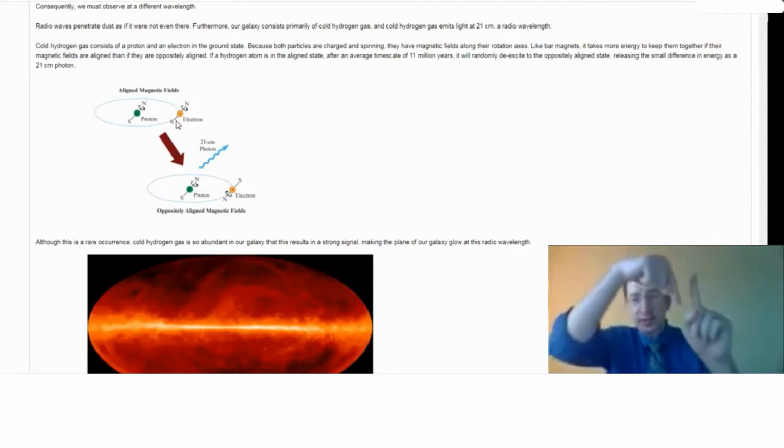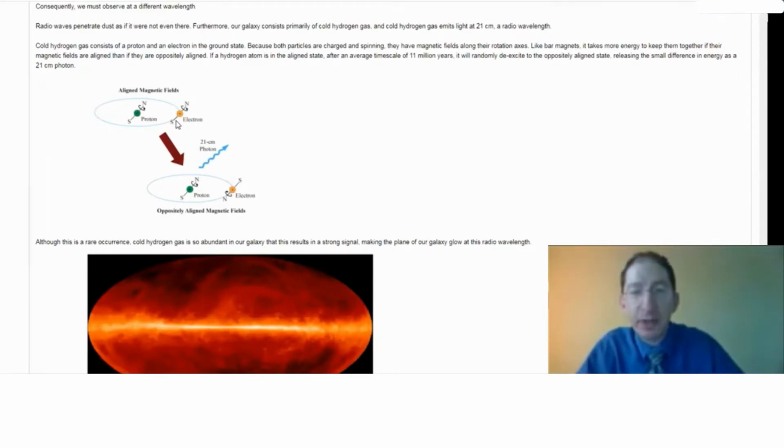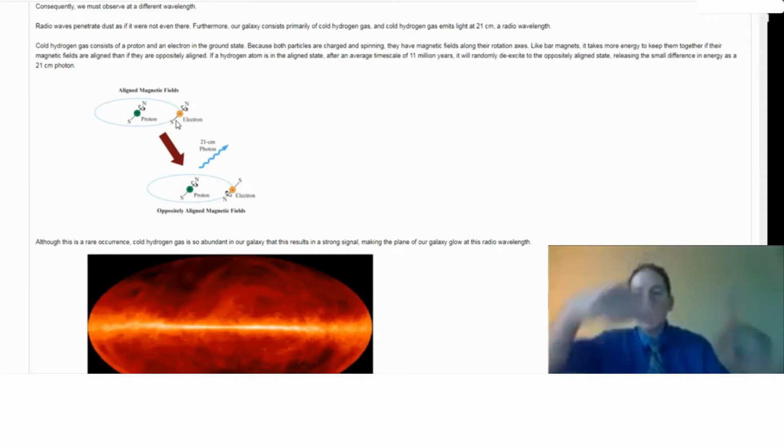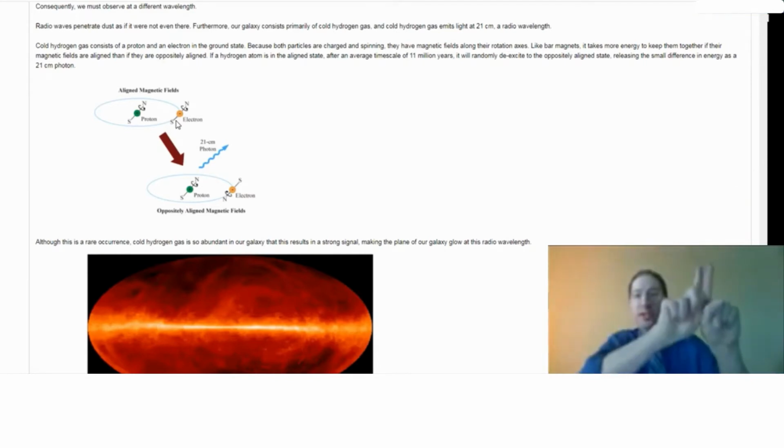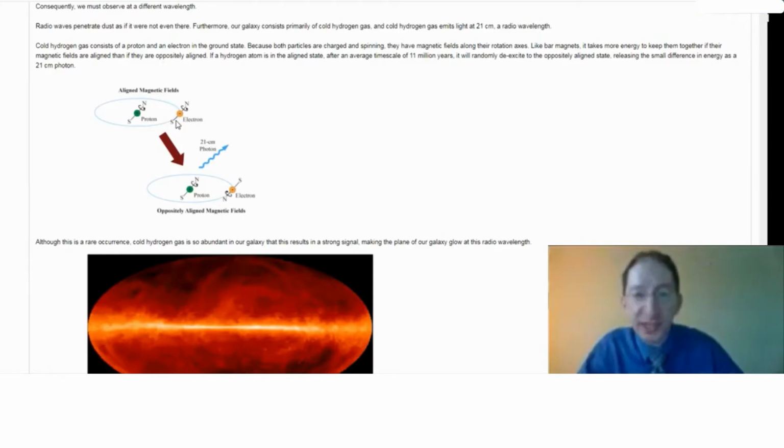Consider an atom in the lower energy state, a simple hydrogen atom floating in a cloud of gas. Occasionally, it will get jostled. Another atom will bump into it and transfer some of that energy of motion, some of that energy from the collision to the electron, and the electron will transition into the higher energy state.